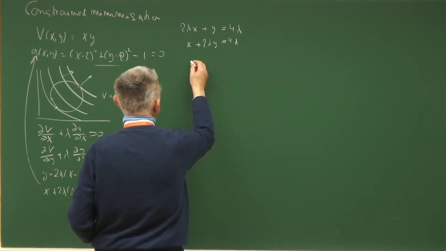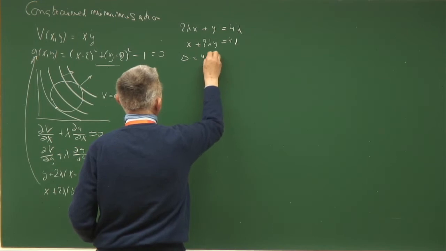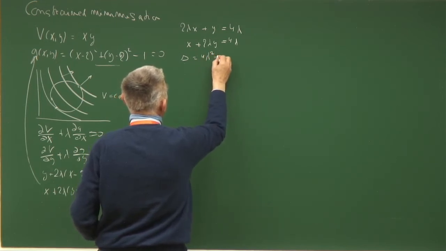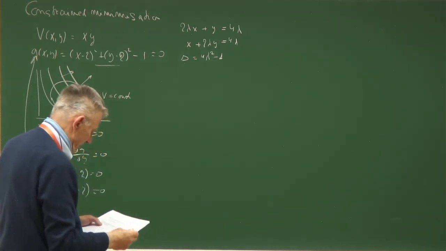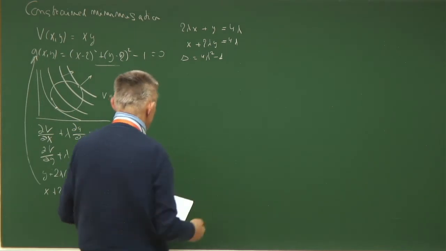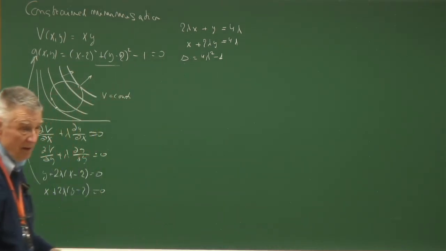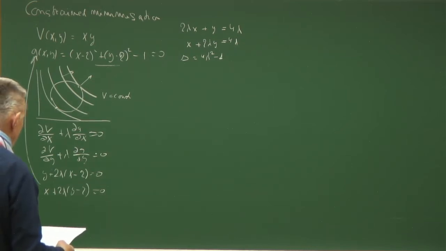The determinant of this is equal to 4 lambda squared minus 1. But the cases where this is 0 are impossible. I'll not discuss it once more, I will just repeat.